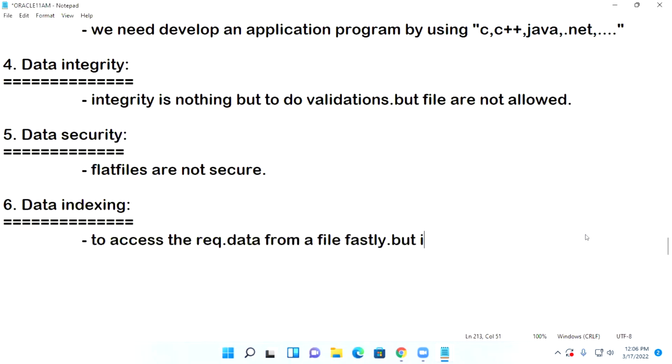It is not allowed, because files cannot support indexing techniques, and I cannot implement these techniques on my files.